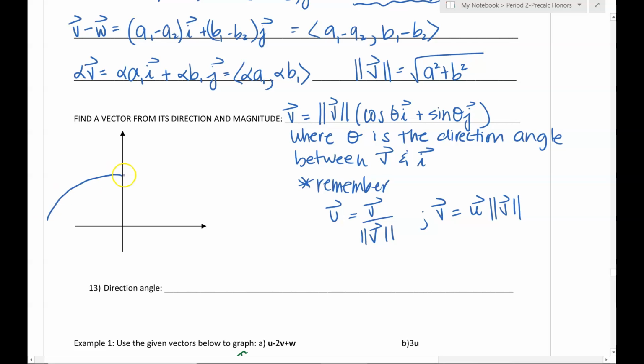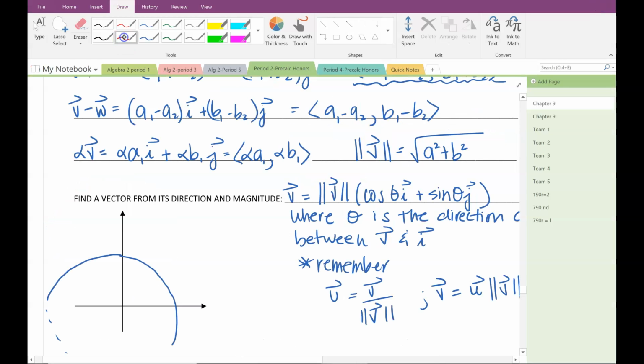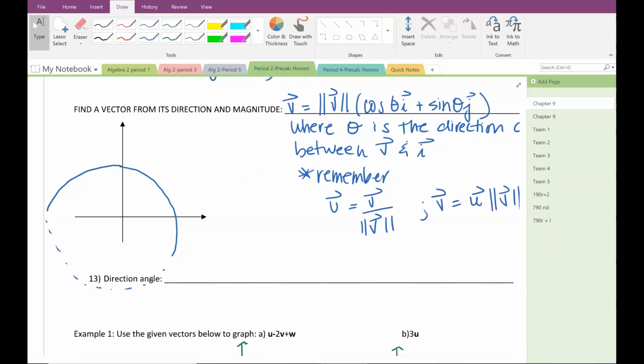Here we go. Here's a unit circle. Let's say that the radius of this whole circle is 1.